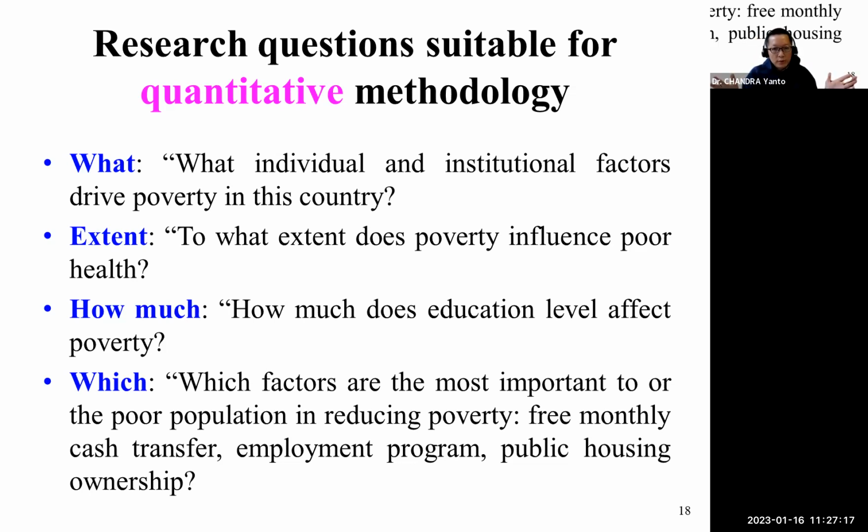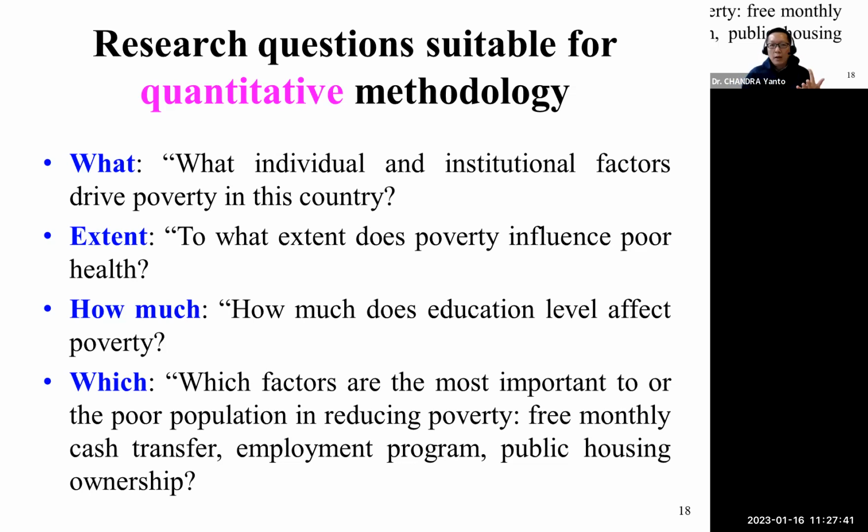The same with which. Let's say you have 10 variables, and you ask which variable among these 10 is the most significant. Let's say you want to reduce poverty. Which one is the best intervention or approach to reduce poverty? Do you give them a free cash transfer every month? Do you give them a lot of employment programs?